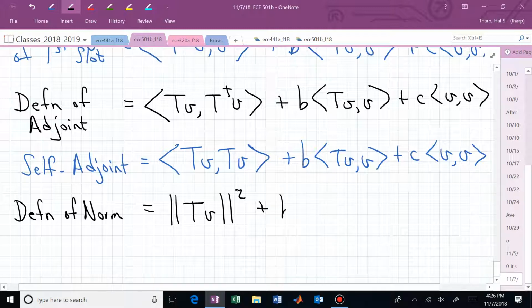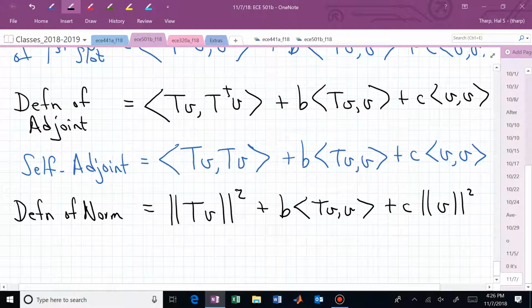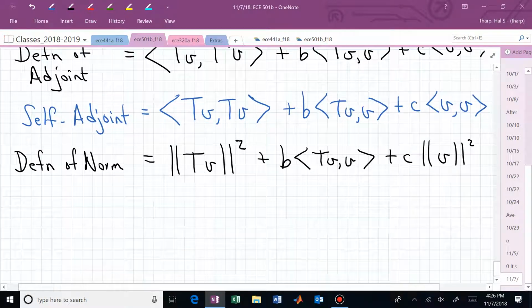So now I have B times the inner product of TV with V, but I can rewrite the third term as C times the norm of V quantity squared. I'd like to have this a little bit cleaner.